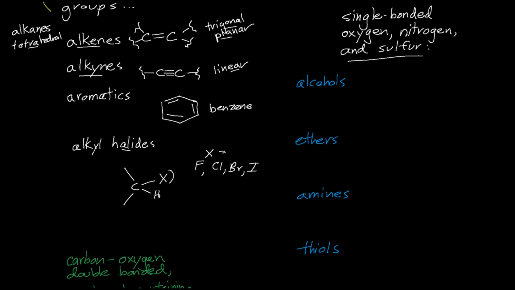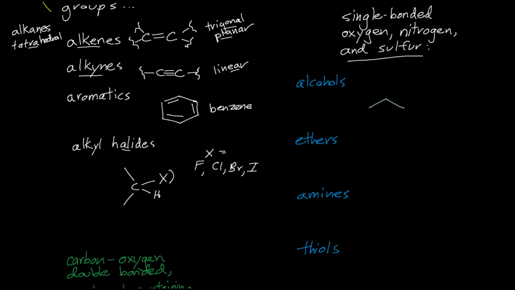Now I lump these into categories that maybe will make them a little easier to remember. So alcohols, ethers, amines, and thiols, and you do need to know how to spell these. Okay, so all have single bonded oxygen, nitrogen, or sulfur in them. So I'm grouping them together.